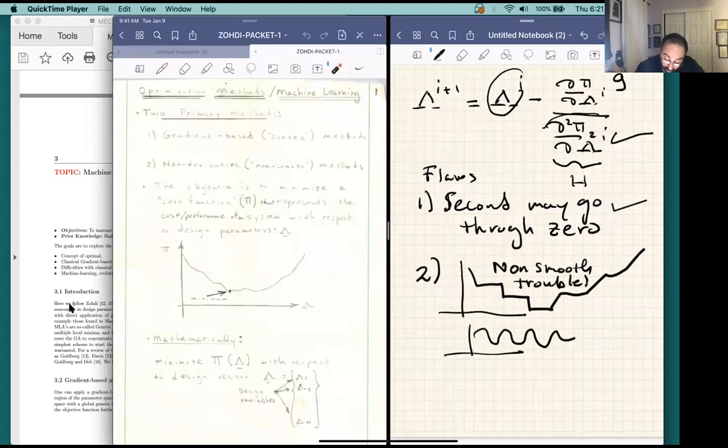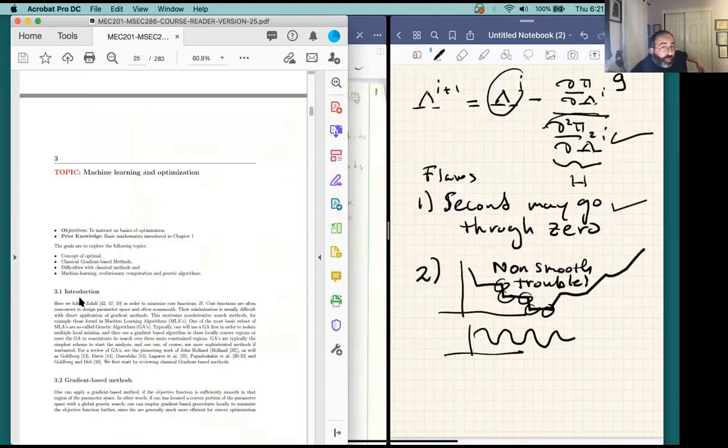Number two, the functions are typically going to be non-smooth and you can't even take the derivatives. Okay, so while Newton's method has all kinds of wonderful utilities, they're mainly of academic interest, and it is a method that is going to be very difficult to apply in practice.